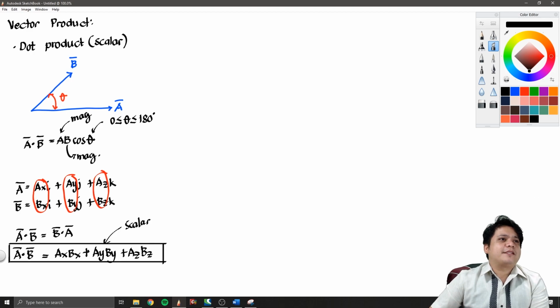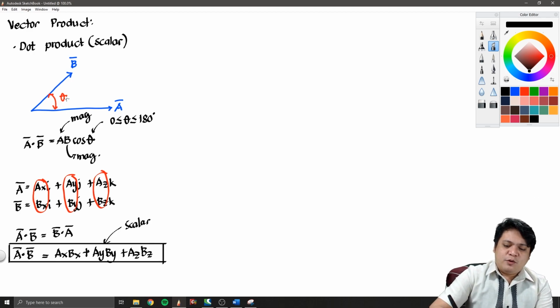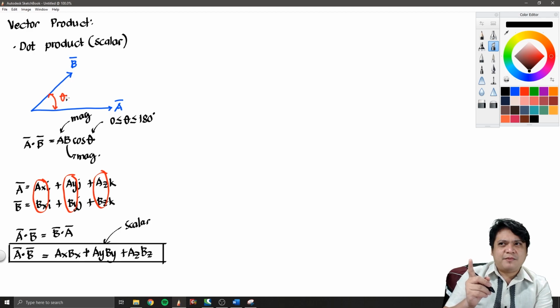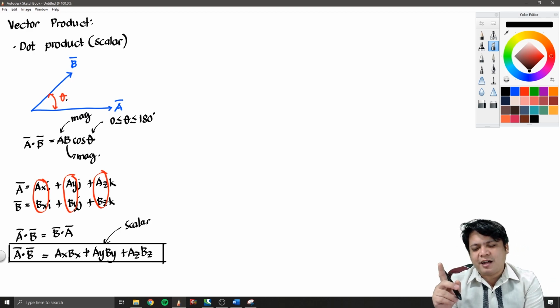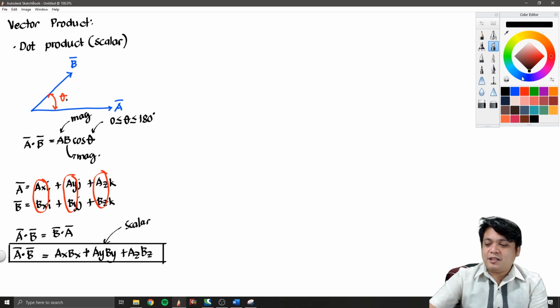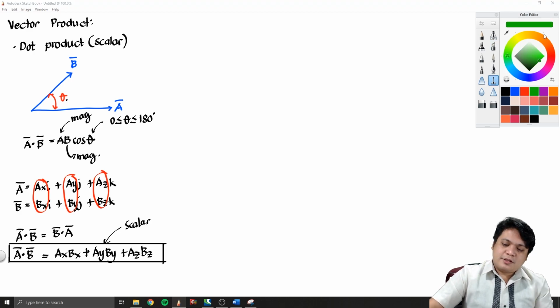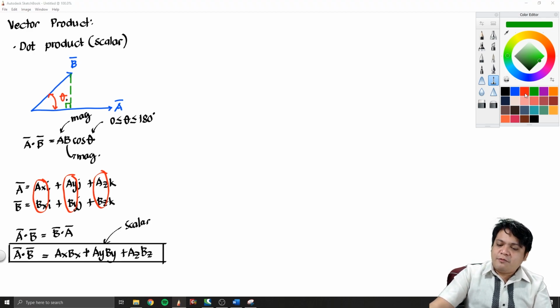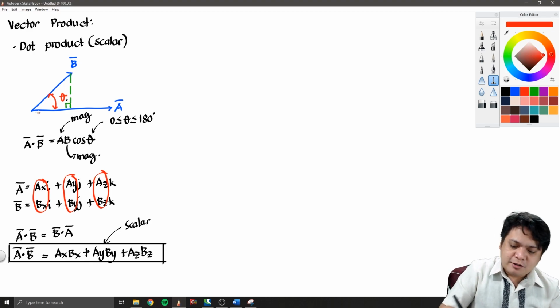Where is it used? What is the application? Since we said earlier that the angle in between them is from 0 to 180 degrees, say 90 degrees, now I can take a perpendicular line from A. Now I can component it.